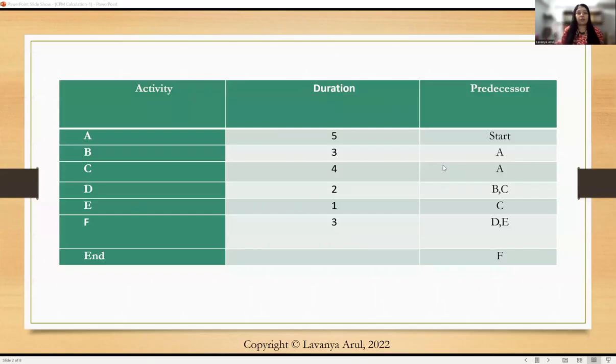Now, imagine we are given this kind of a question, as in there are some activities that are defined. So for example, we talk about activity A, B, C, D, E, and F. In your examination, usually they will not give you a realistic word for that because that might cause unnecessary confusion.